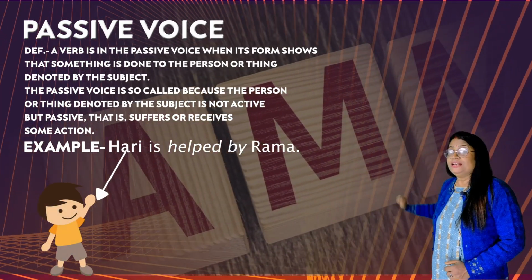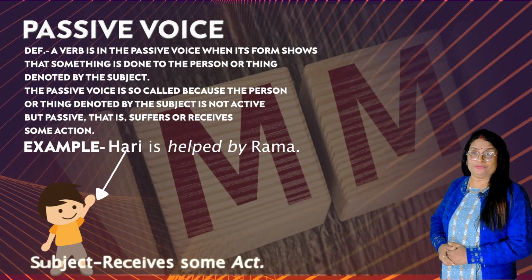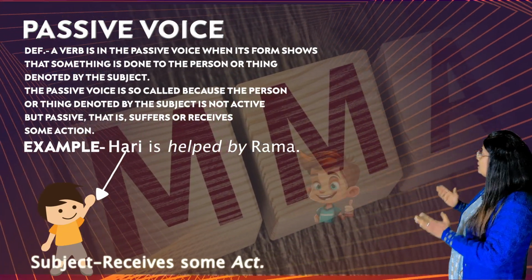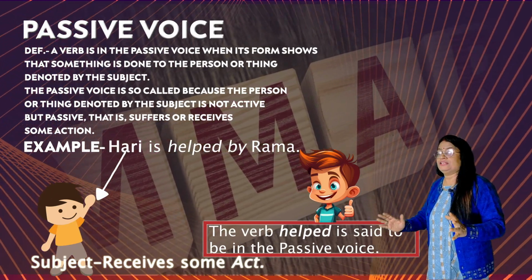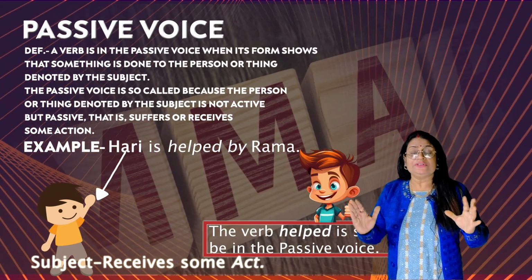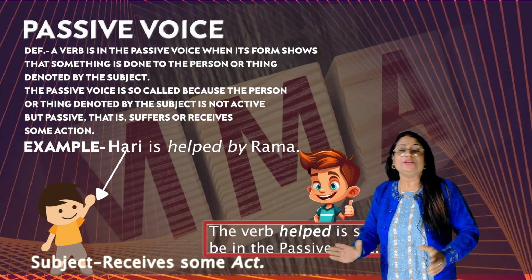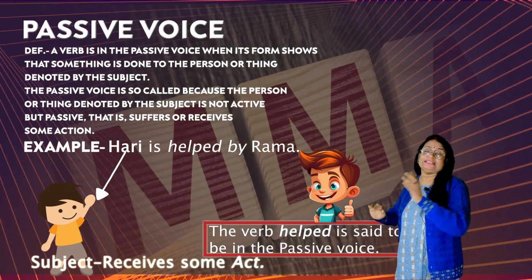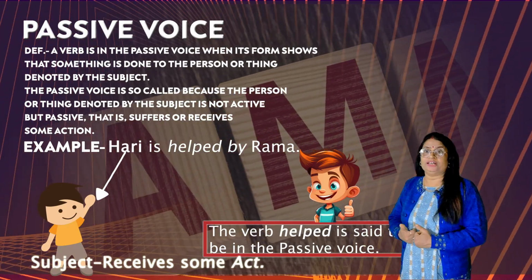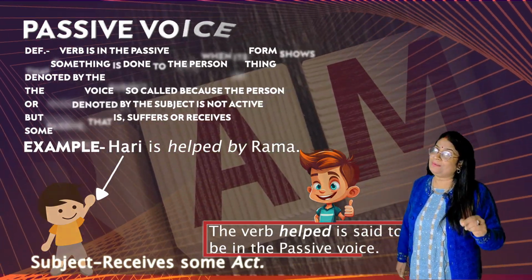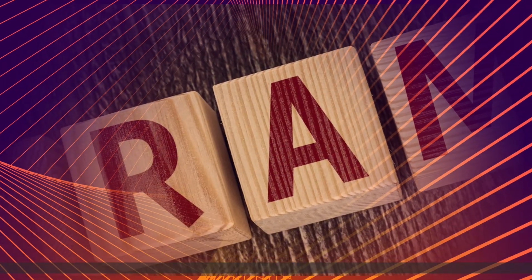Here Hari is not the doer of the action. So we call the sentence in the passive. So remember, when a sentence is in the active, the subject is the doer of the action. When the subject is not doing the work, but is receiving the work, it is called to be in the passive. Let us look into some examples.